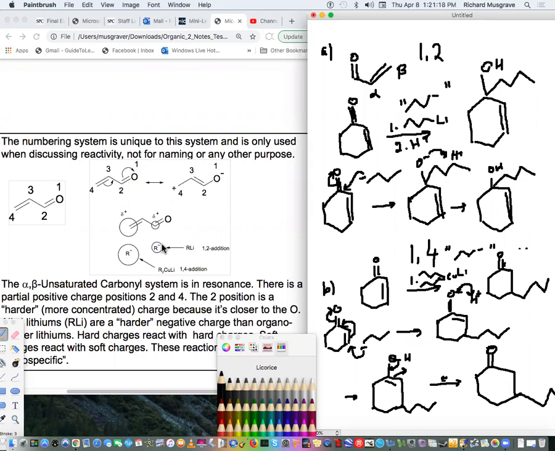In the case of the alpha beta carbonyl system, the delta plus next to the oxygen is going to be more concentrated, sort of tighter, than the delta plus on the end of the system. That's the first supposition I want you to accept.